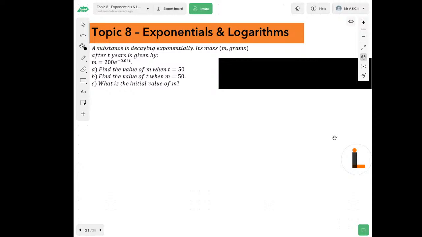I'll give you some time just to read through this question and get it copied out if need be. So let's have a look at this question on the left hand side.